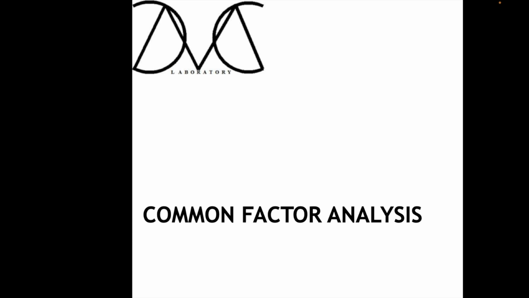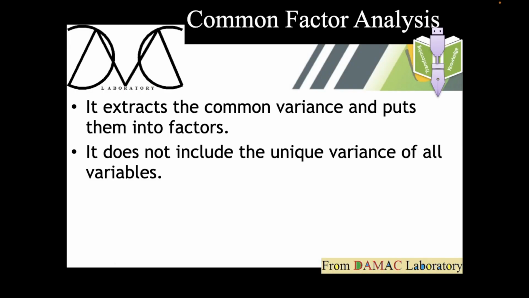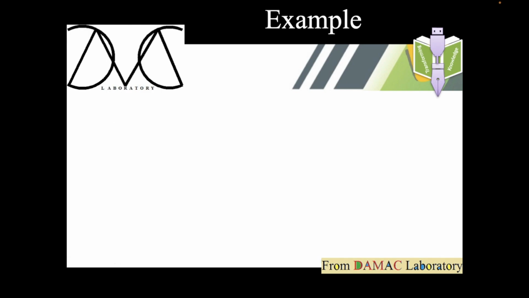So let's look at common factor analysis in detail. Common factor analysis considers the common variance and puts it into factors. Factor means new variables. So find the common variance, common patterns, common relationships, and put them into the factor. It does not include the unique variance or error variance at all.